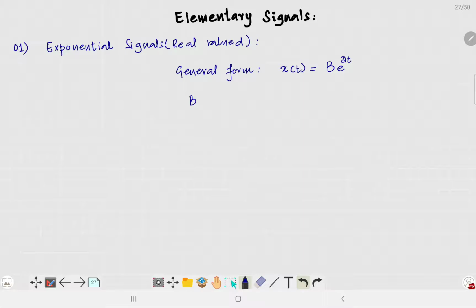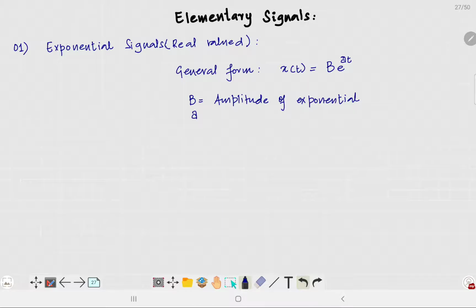It is basically the amplitude of this exponential. Then we have the parameter a, sorry, not alpha, the parameter a. And it is basically the exponential factor.